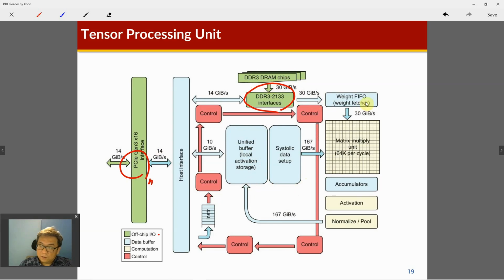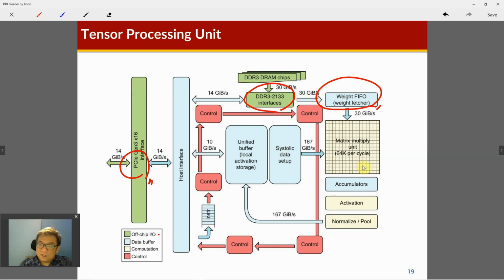There is the weight FIFO here, and the weight values are stored in this weight FIFO. Some people say it as FIFO or FIFO.